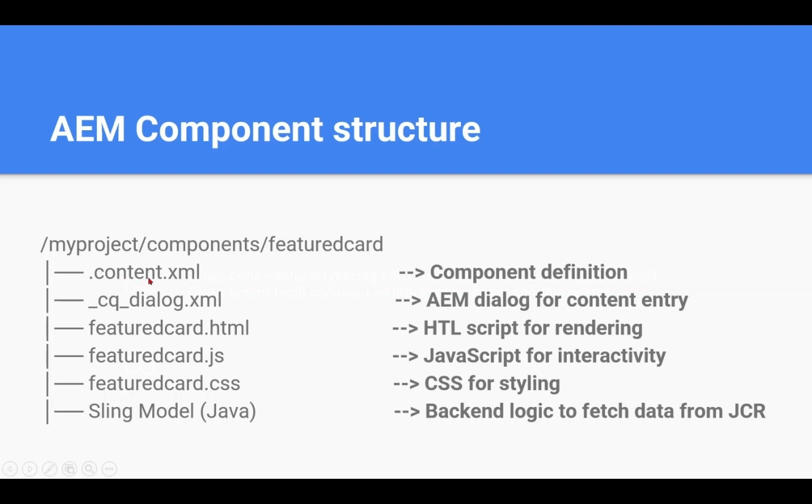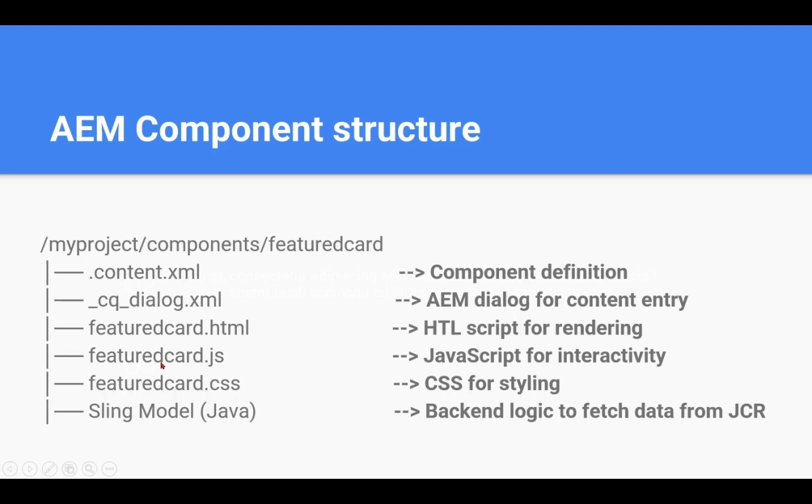We will have .content.xml, which is the component definition: component name, category, etc. Then we will have cq:dialog.xml. It defines the AEM dialog widget for this component, where the author can define some content for this component. Then we will have featuredcard.html. It's an HTML, or Sightly, script for rendering your component.